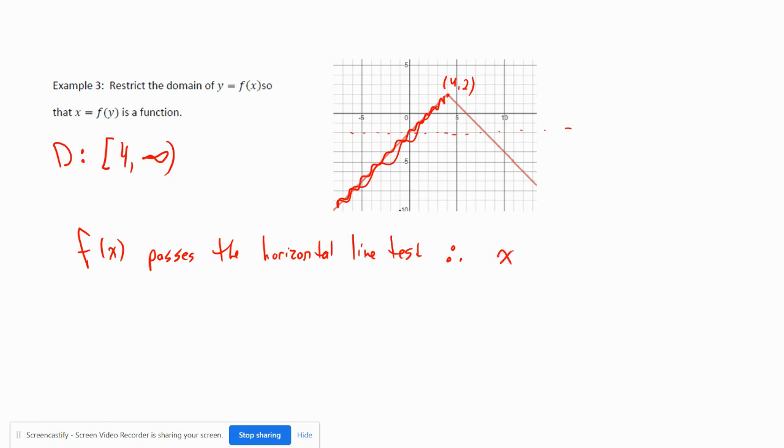Therefore, x equals f of y will pass the vertical line test. All right, so that's how this works over here.